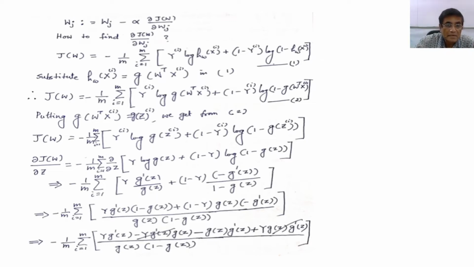Then we are substituting h_x parameters by w equals g of w transpose x_i. So this is the logistic function, you know. So then we are getting, here we are placing this, so we are getting this and this, nothing else.